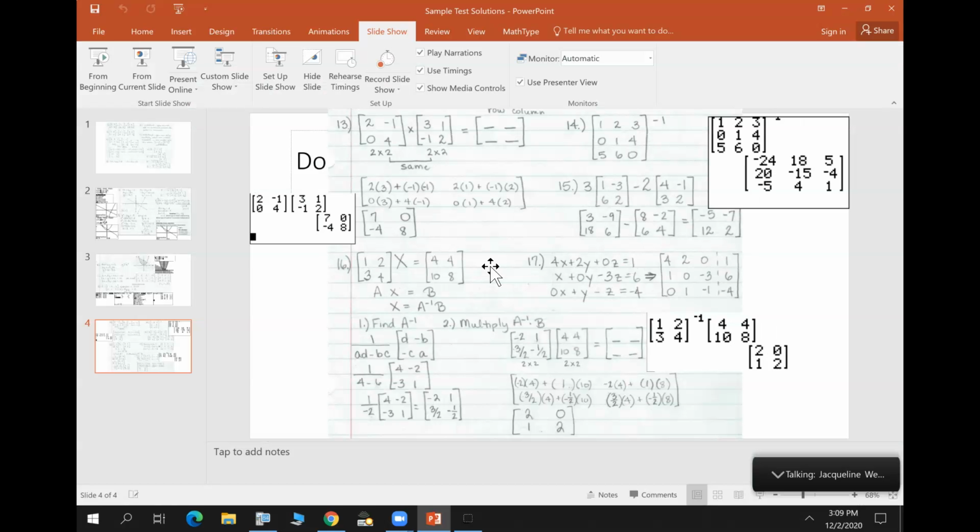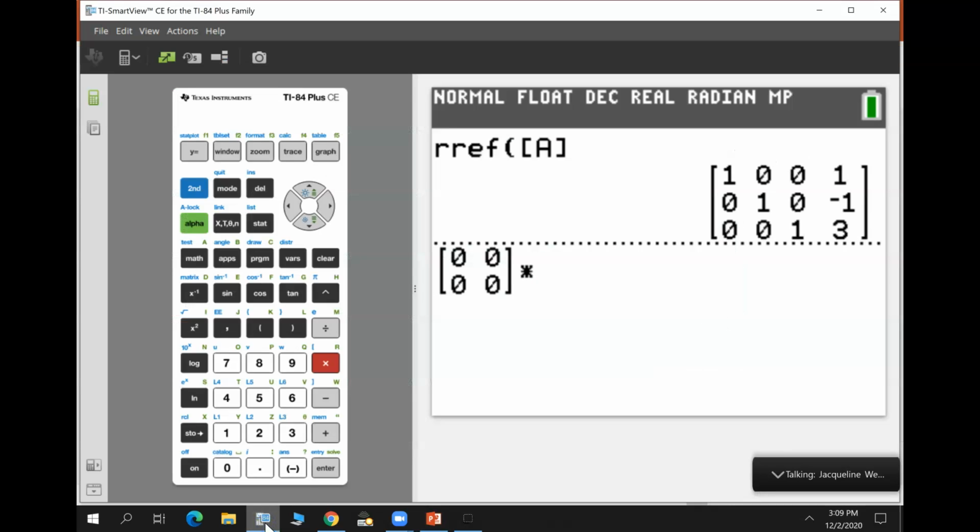All right, 14 is finding the inverse of a 3 by 3. And the only way that we did that was with the calculator. All right, so to find the inverse of a 3 by 3 on your calculator, remember that this is your inverse button, that x to the negative 1.